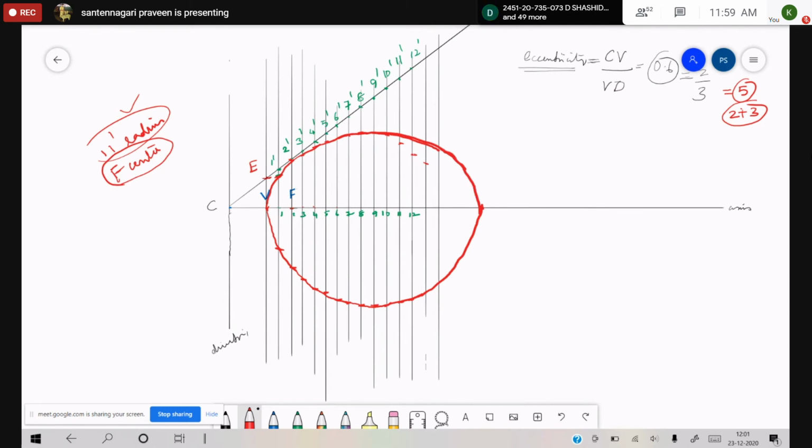So this is how your curve appears when finally you conclude with all these intersecting lines and your focal points. So the final line may not actually merge with this.